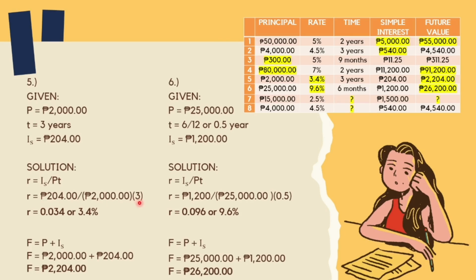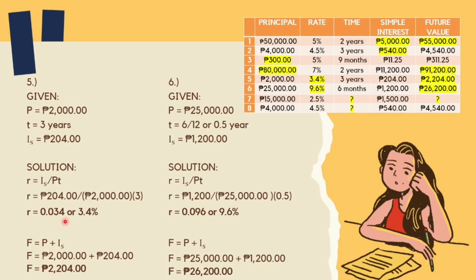By the way, if you think I'm going too fast, you can pause the video so that you can solve all these examples at your own pace. So, let's head back to example number 5. Once you calculate that, you'll get a result of 0.034. But it's preferable to have it as a percentage.